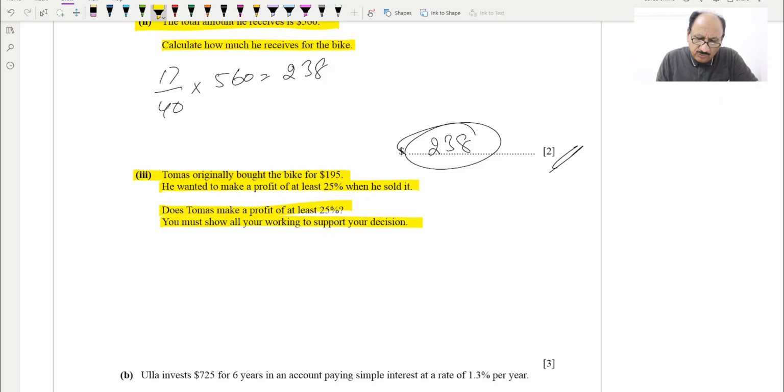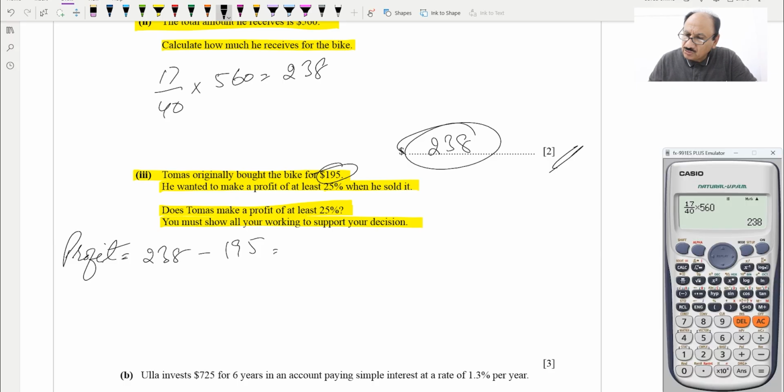You must show all your working to support your decision. So 238 was the selling price and the purchasing price was $195, and the profit is equal to 238 minus 195, which gives us 43.